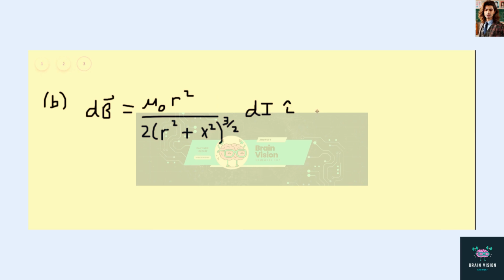And what we end up with is this is equal to mu naught times r squared over 2 times r squared plus x squared to the 3/2.